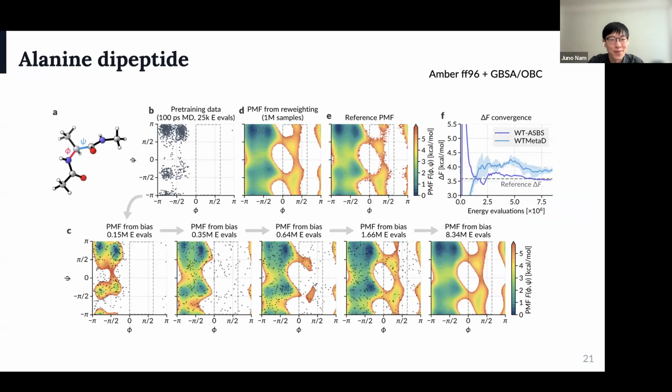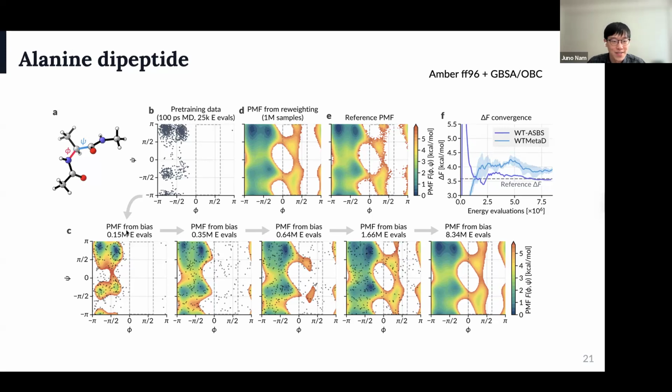So we'll start from a very classical example of alanine dipeptide where we have two collective variables of two backbone torsion angles, phi and psi. And as previously mentioned, we start from pre-training from data, where we can easily obtain samples from the more populated mode by a very short MD simulation.